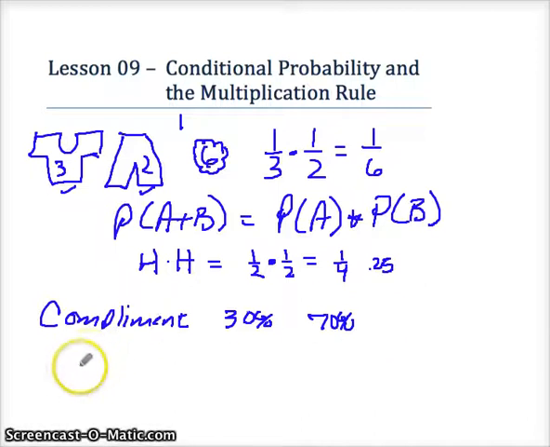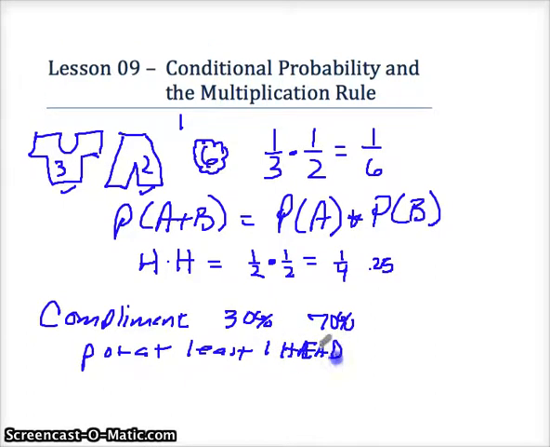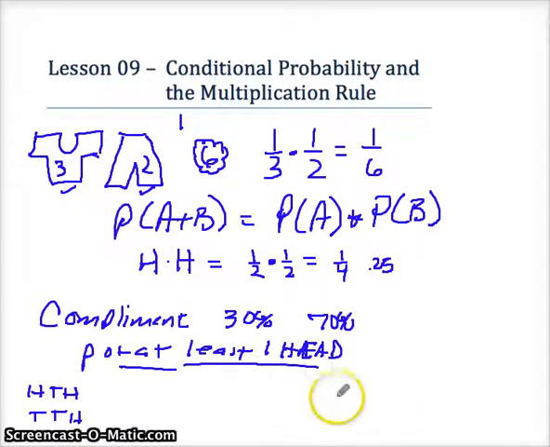Now, what if I had 3 coins, and I want to know the probability of at least one head? Well, now we can list out all of the possibilities. We could have heads, tails, heads. We could have tails, tails, heads. Now, we're going to be doing this for a while, but let's see if we can go back and understand the question. The probability of at least one head.